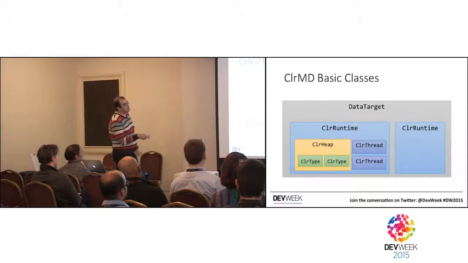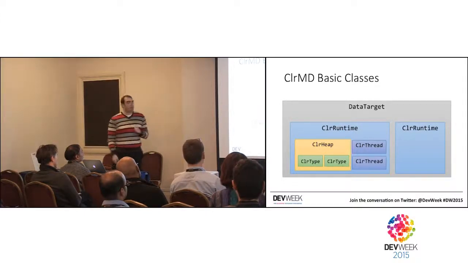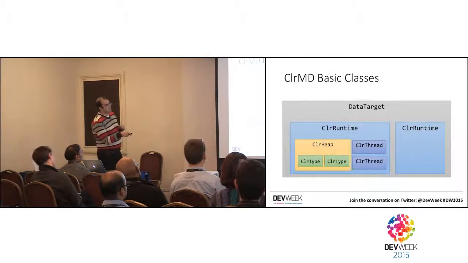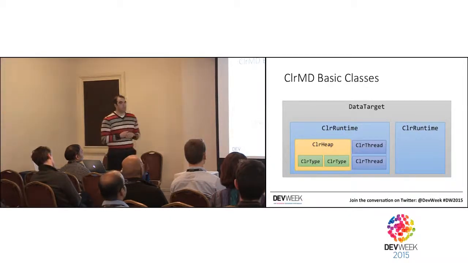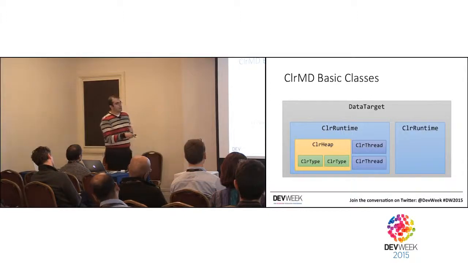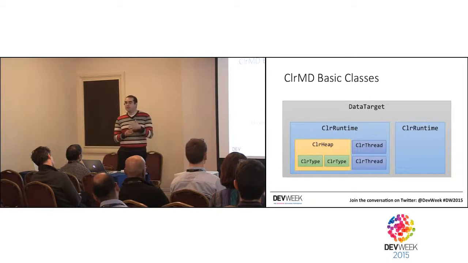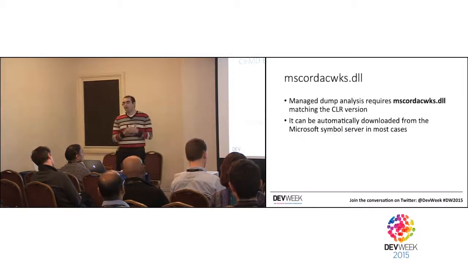Inside the runtime, you have thread objects for each thread that you have in memory. You have a heap object, one heap object for the garbage collected heap. Inside the heap, you have types, and you have instances of those types, and you have fields, and, well, you have everything really you can do from within a debugger.